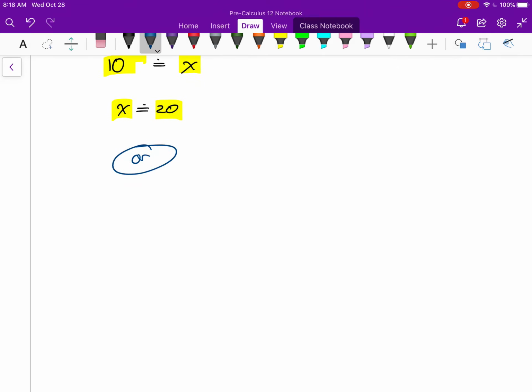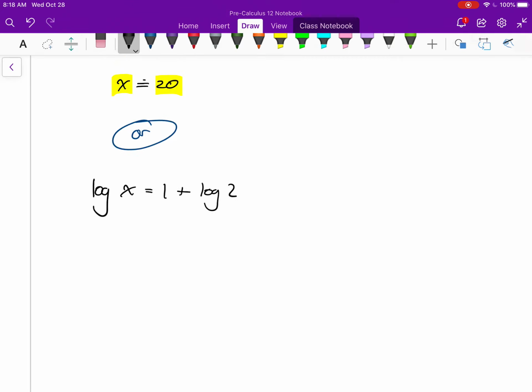So another way, let me start by writing the question out again. Log base 10 of x equals 1 plus log of 2. One thing I could do right now is put this into exponential form.